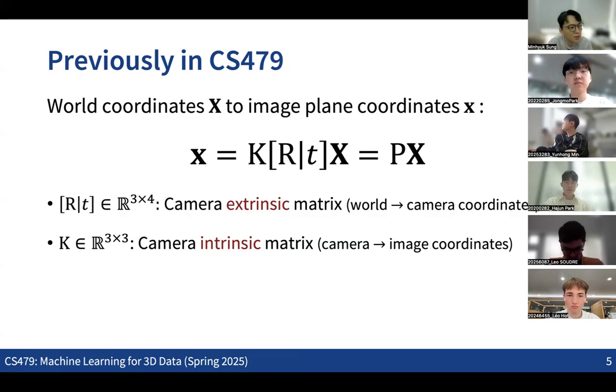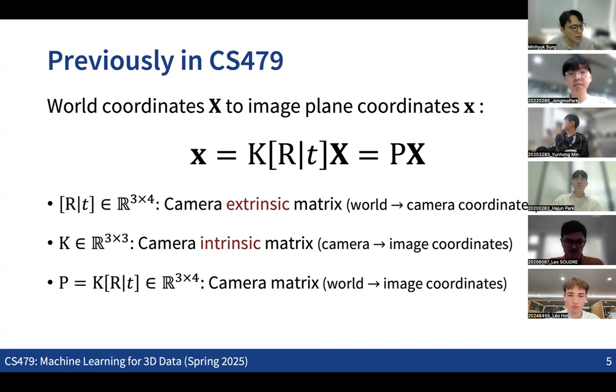When you combine these two, the combination is typically called the camera matrix, which is typically defined as a 3x4 matrix that maps the world coordinates into the image coordinates, right? So this was the coordinate system we discussed last time, and also the two types of camera parameters: one is the extrinsic parameters, and the other one is the intrinsic parameters.